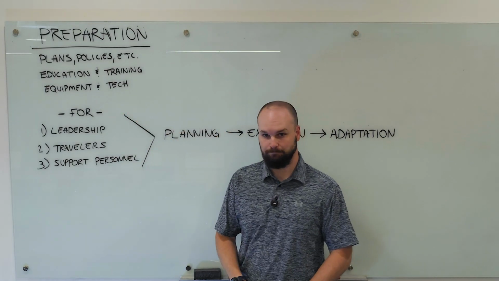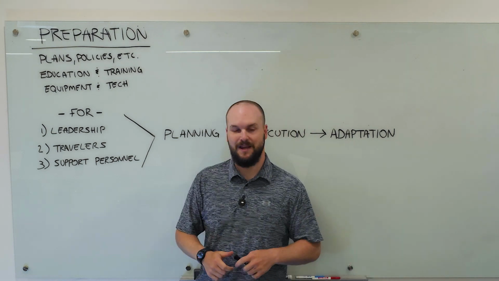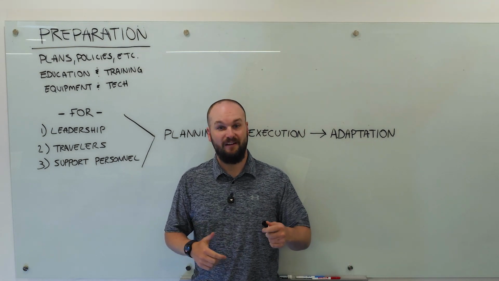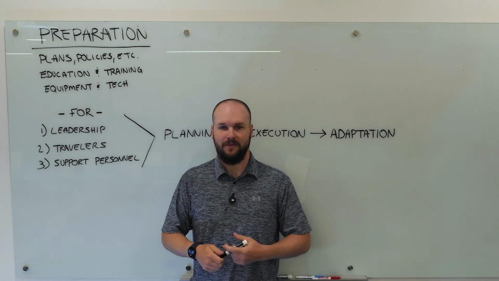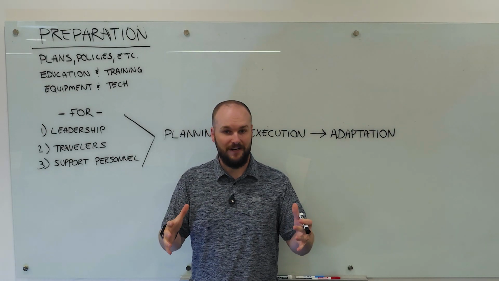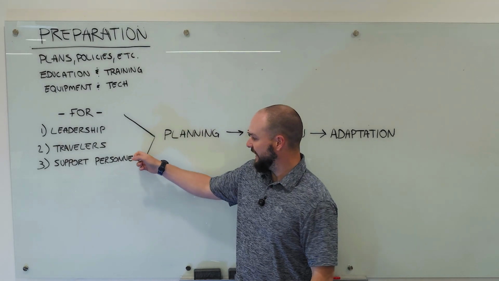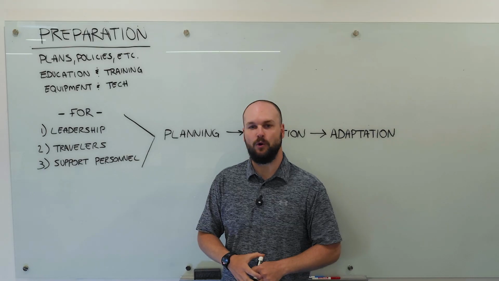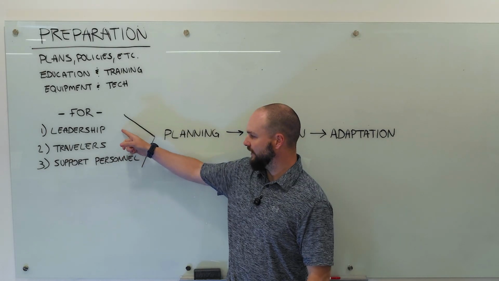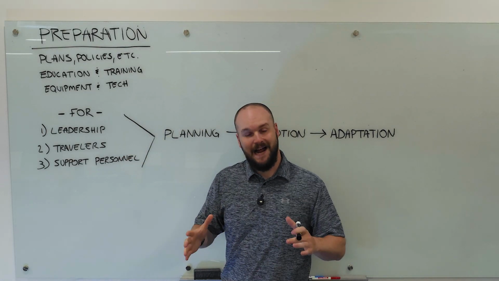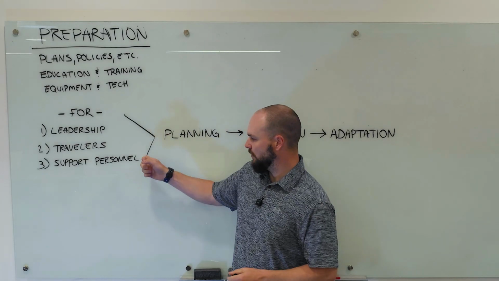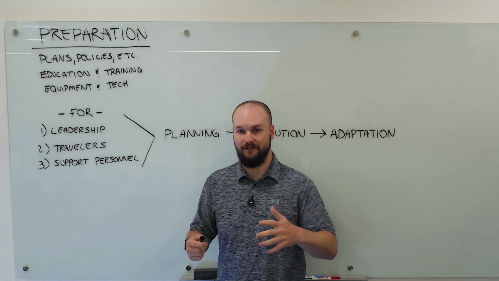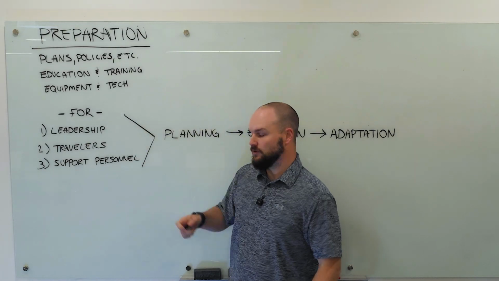The other part of this too is maybe you have an internal security operations center, or maybe you have people dedicated to this program. Whoever that multidisciplinary team is that is dedicated to supporting travelers, we want to make sure that in-house they have a quality understanding of how we're looking after our travelers as well. It's not an uncommon thing where support personnel, whether at corporate or at a different location for a vendor, whatever it might be, these individuals are disconnected.